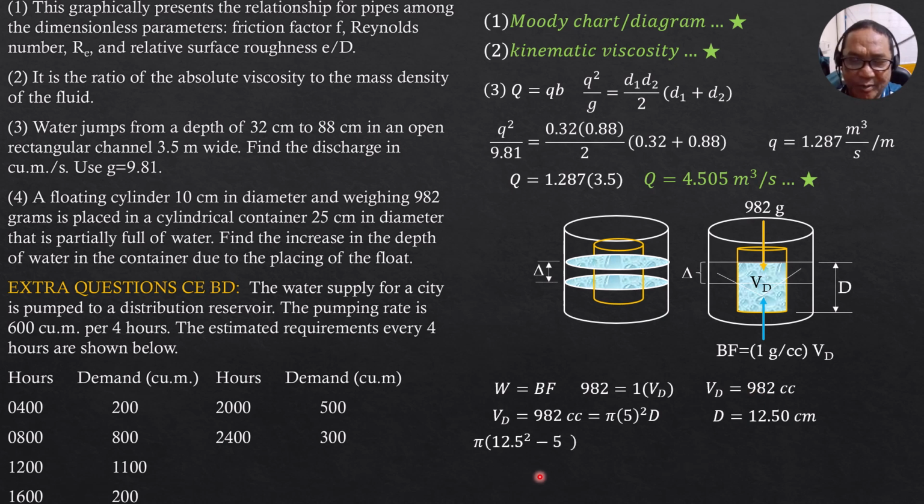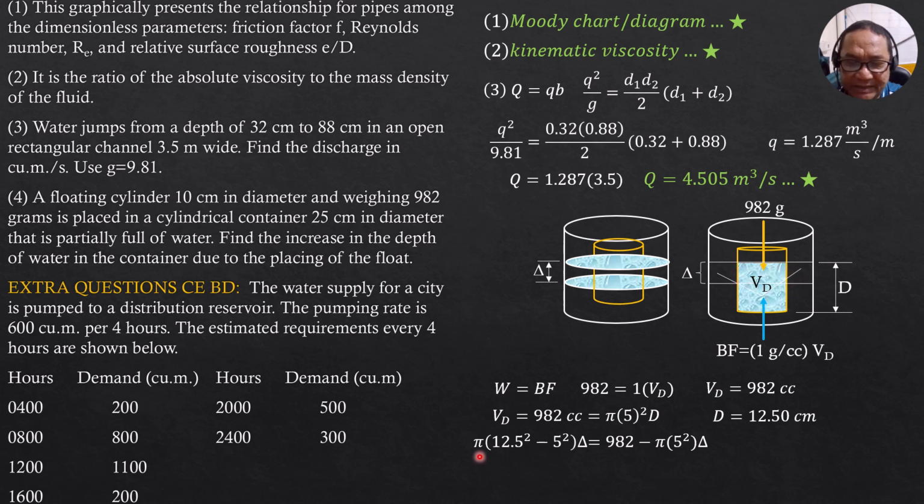So pi quantity 12.5 square minus 5 square times delta, this volume here, which is the volume which is shifted to the space around this smaller cylinder, is equal to the total volume displaced minus this volume here, which is pi 5 square times delta.